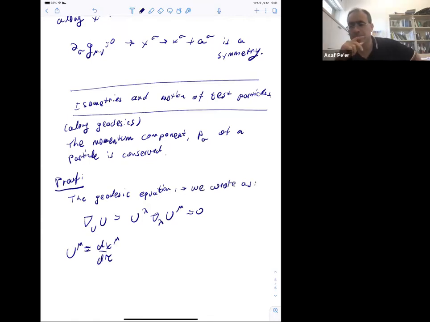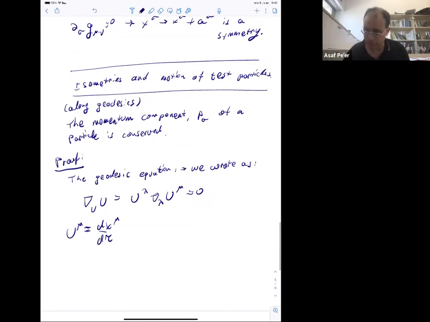Remember we did that. So the shortest path is also the path where, when I'm parallel transporting a vector tangent to the path, it stays parallel to itself. This is the geodesic. So we can think of u mu as four-velocity.